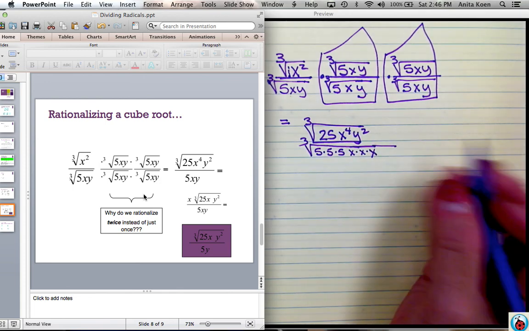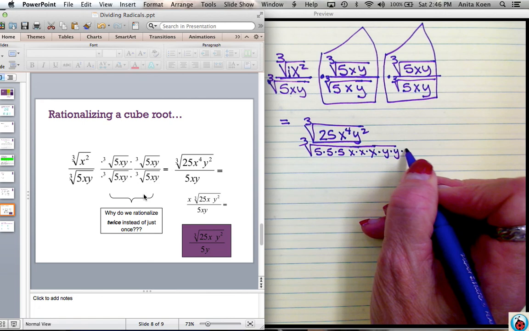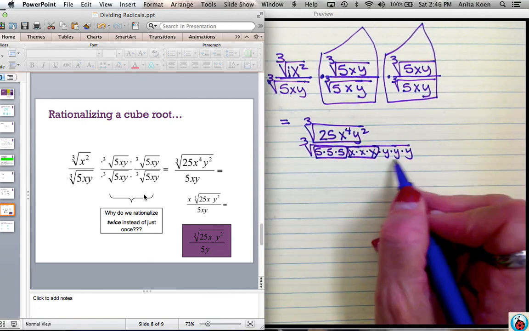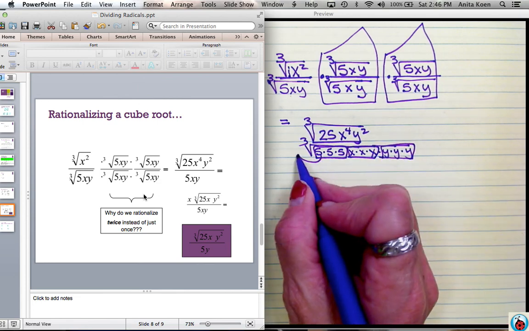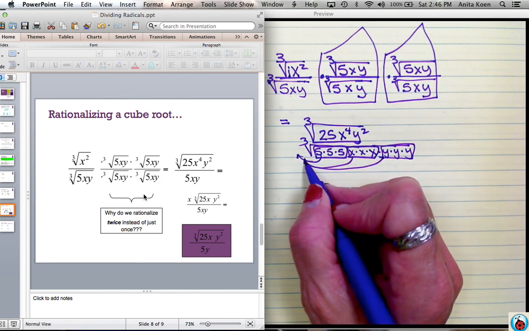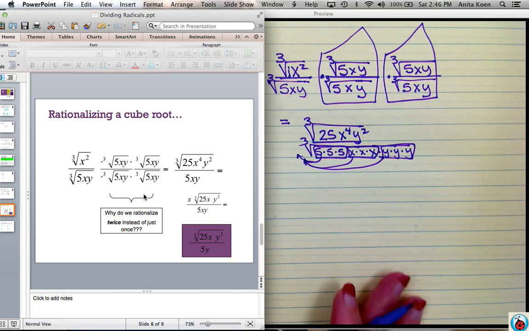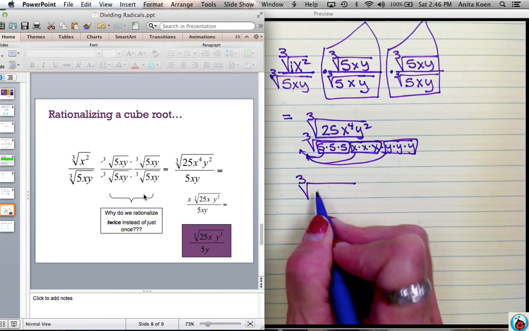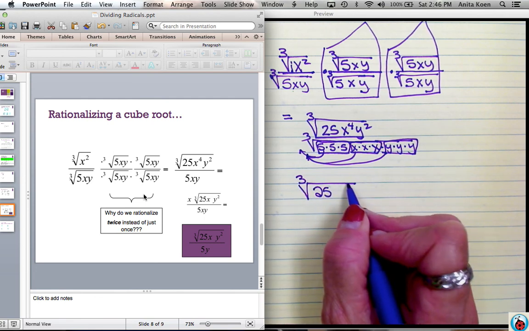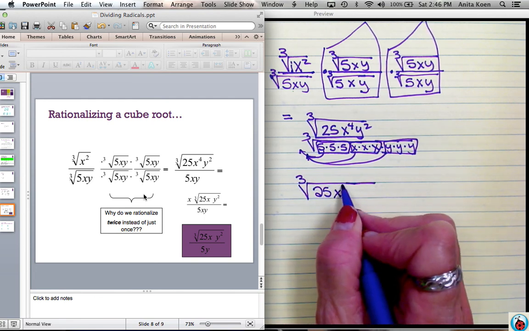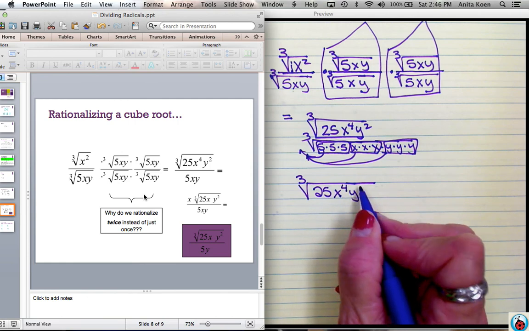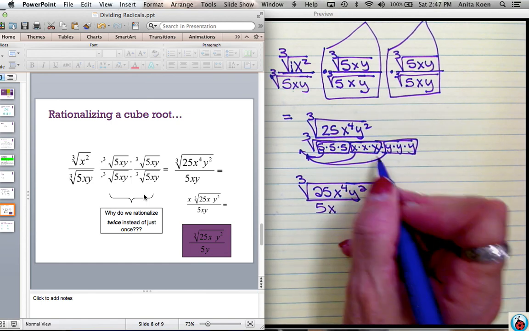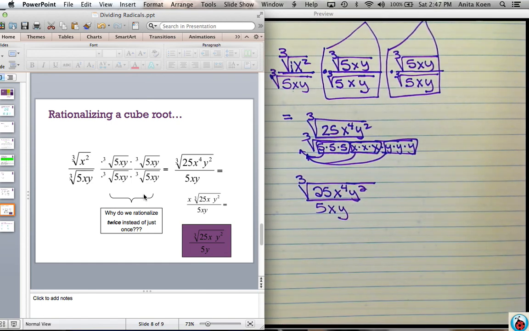So there's a group of 3 x's. And y times y times y. So there's a group of 3 y's. 1, 2, 3. So they all get to come out. And that's what our whole purpose is, to get all of the ones on the bottom out from under. So now I have the cube root of 25, and then I'm going to say x to the 4th, y squared, over the 5 came out, the x came out, and the y came out.